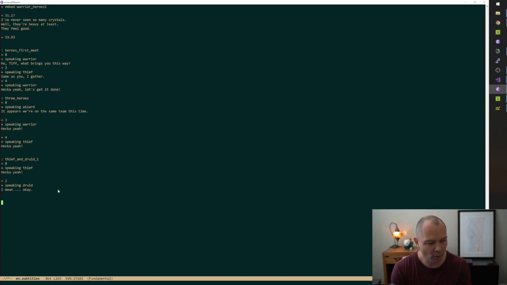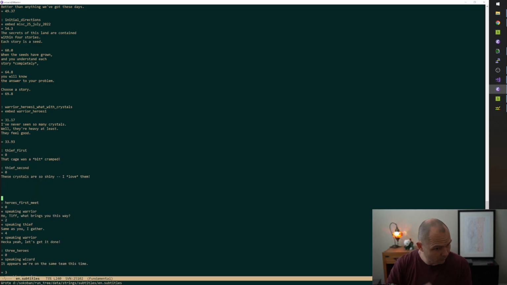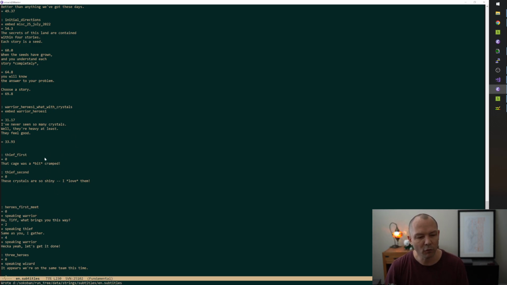Let me bump this one up. This is also single character. It's just, we didn't have any for the thief at all, and so I'm just adding a couple. Before we go into the multi with those, we don't really have any singles for the war.